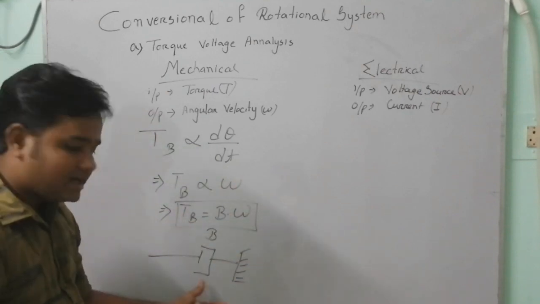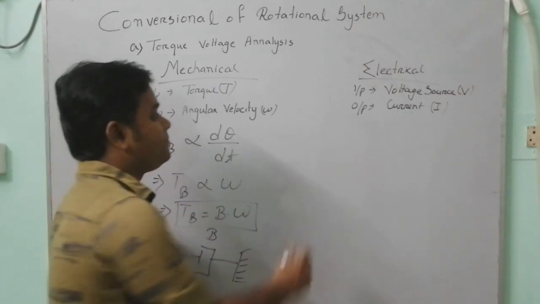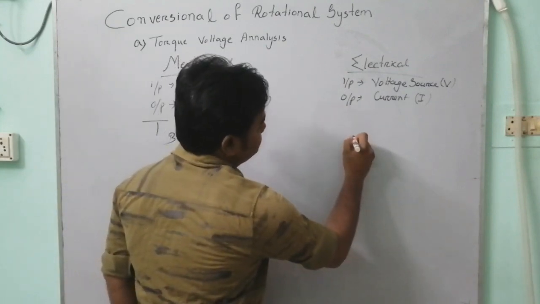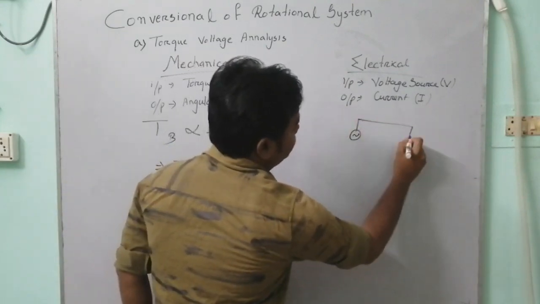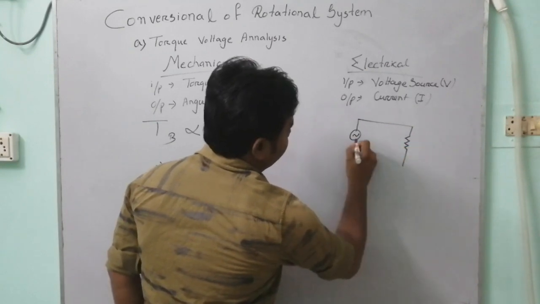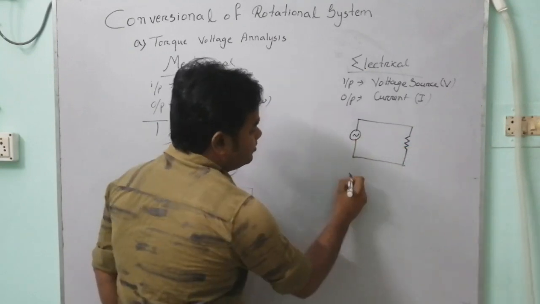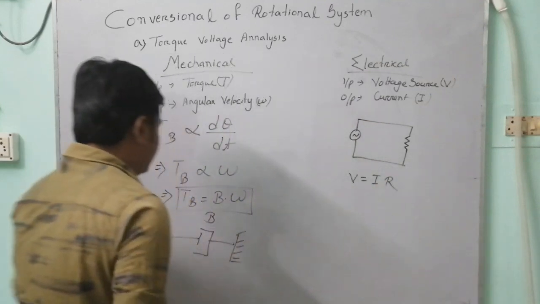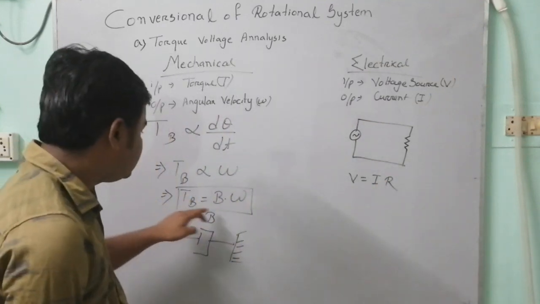If you convert this mechanical equation to electrical side, the input is the voltage, and on the output side a resistor is connected. Here the equation will be V is equal to I into R. In the mechanical side the equation was TB is equal to B into omega.